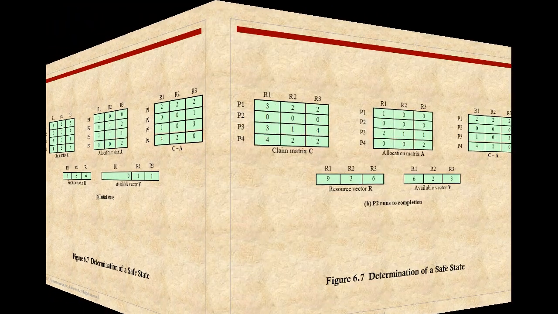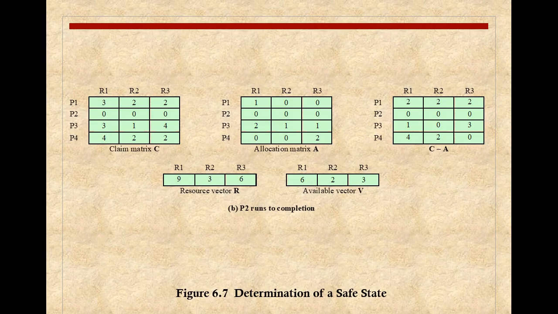Next slide, we provide this to P2 and P2 is completed. When P2 is completed, its resources are returned to the available pool, that is 6 2 3 here. Now we can complete P1 because P1 requires 2 2 2 of R1, R2, R3, and we have R1 6, R2 2, and R3 3.